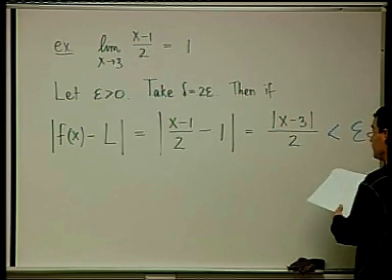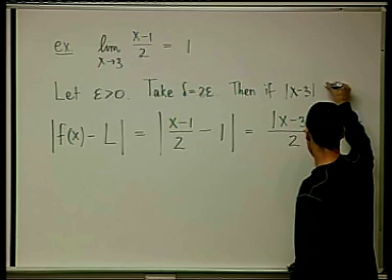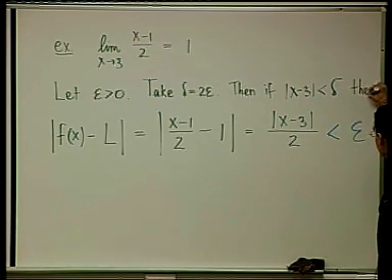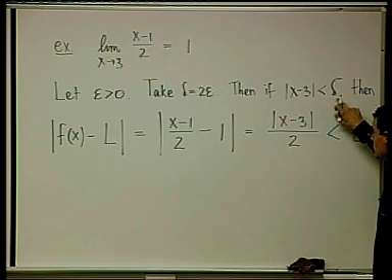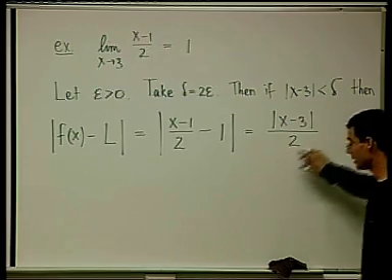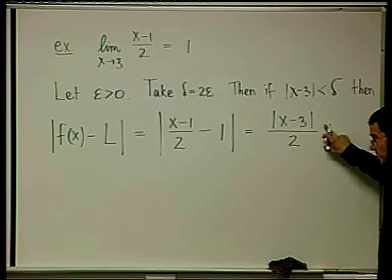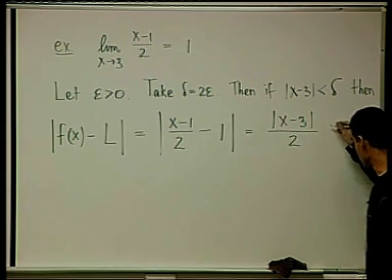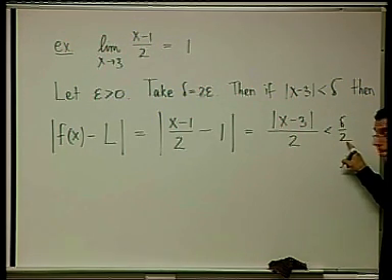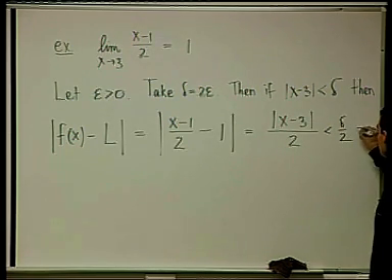If |x minus 3| is less than delta, then this equals this equals this. |x minus 3| is less than delta, so this thing is less than delta over 2. Do you agree? And what was delta? Delta was 2 epsilon. 2 epsilon over 2 is epsilon.